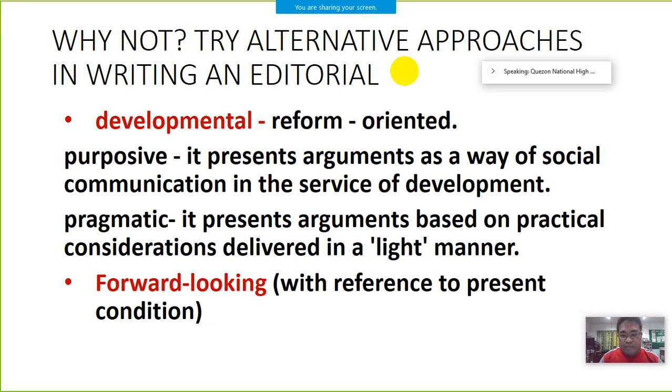Then I have a sample in the forthcoming slides. Then we can also come up with forward-looking. But then this is dangerous because only the expert editorial writers probably can craft a successful forward-looking editorial.